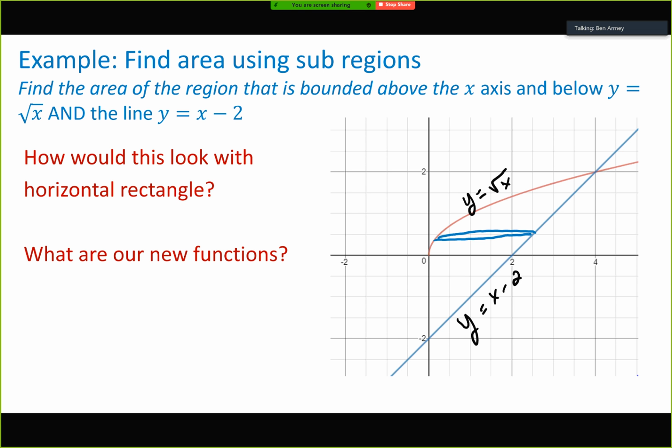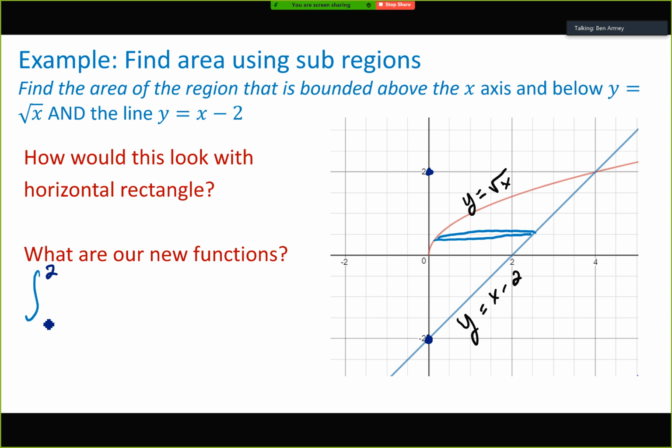So we need to create our new function. We're going to have our integral. Our new bounds are going to be from down here at -2 all the way up to a +2. Or back that up, we don't want that.